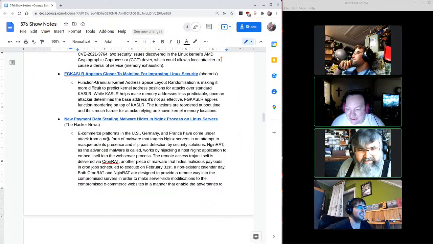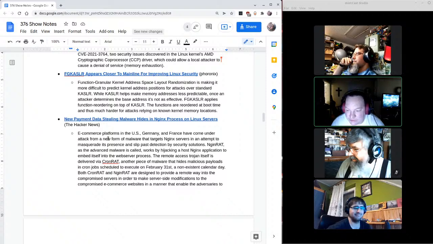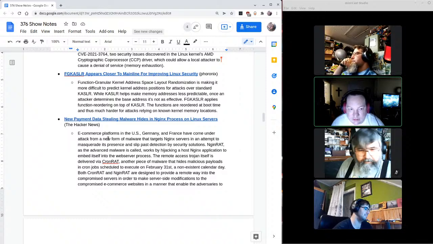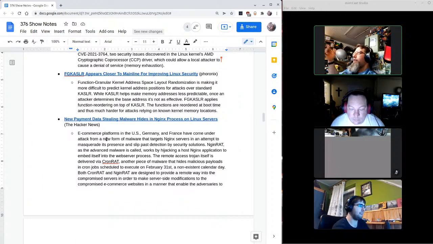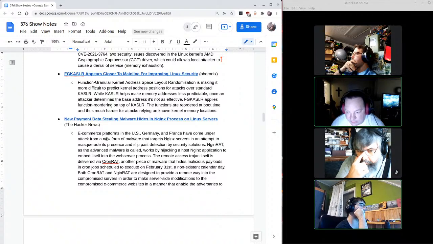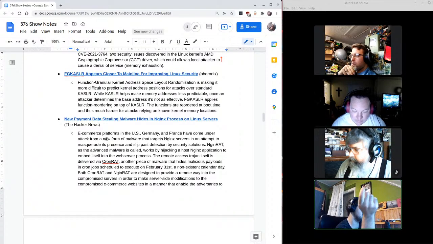I don't know a whole lot about this, but it sounds like, is this similar maybe to Spectre, where they're having problems with memory locations leaking, other programs being able to access that information within memory? I don't know, but it sounds like it. Yeah. By further randomizing the location, it would be more difficult for you to piece together what's going on in memory, I would assume. Does something like this affect performance?